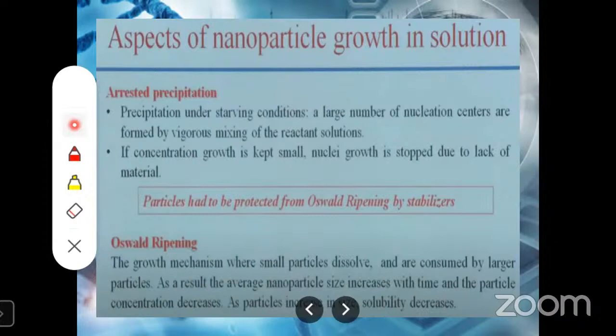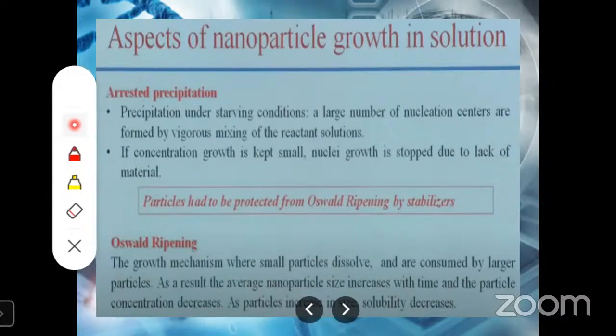This is called arrested precipitation. And we have to stop the particles from Ostwald ripening. So what is Ostwald ripening? It is a growth mechanism where the small particles dissolve and are consumed by the larger particles.